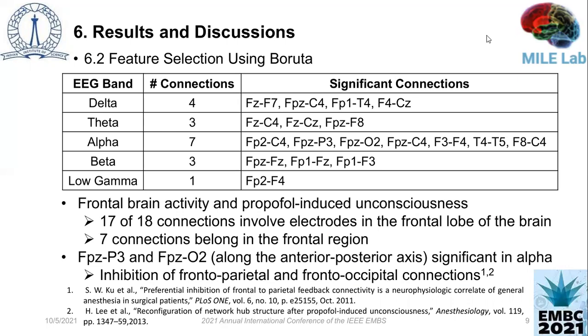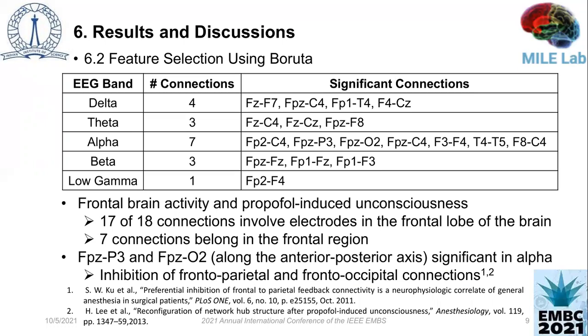So 17 out of these 18 connections used frontal electrodes, and also a total of 7 connections belong completely in the frontal region. That is, both electrodes belong to the frontal lobe. These, we think, may be an indication of an association between frontal brain connectivity and propofol-induced unconsciousness.